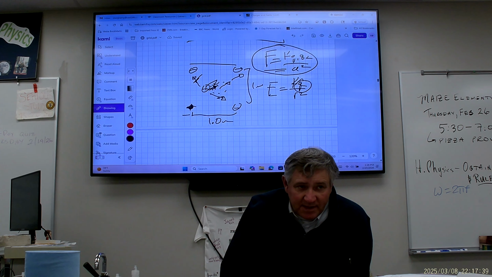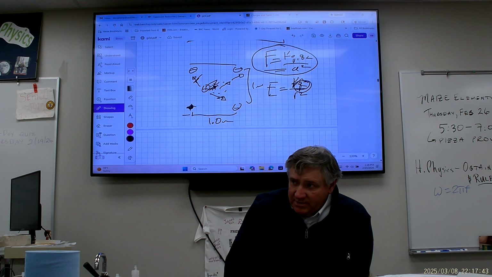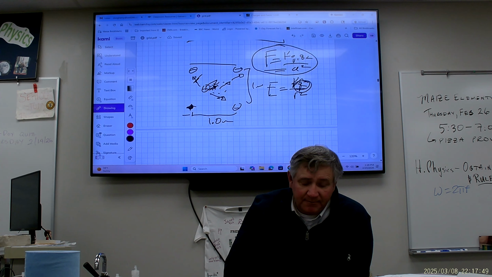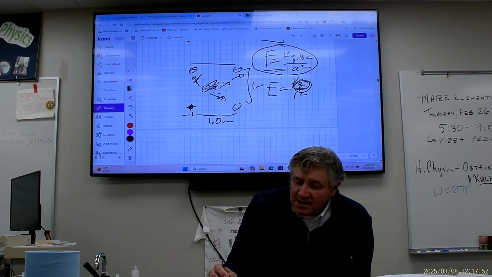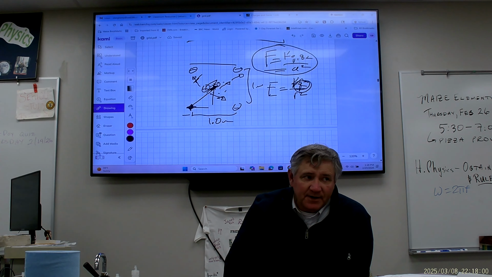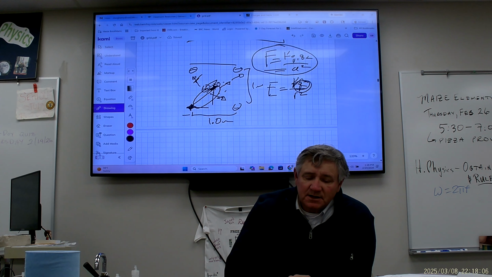You need two things: the charge that's creating it, and the distance from the point source. Because this is right in the middle, what are the two dimensions of that triangle? 0.5 and 0.5. So you need to find that hypotenuse.